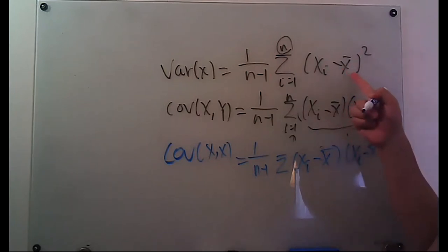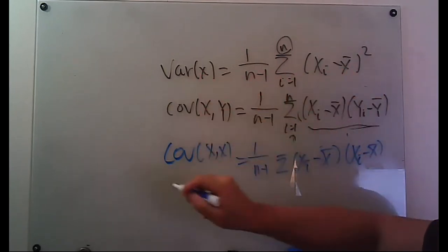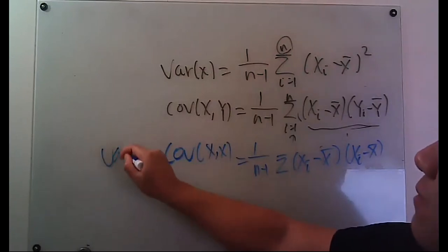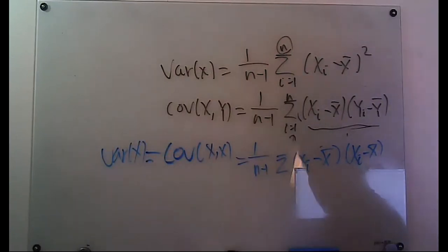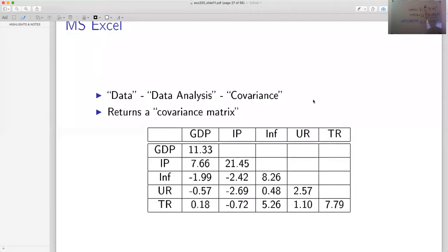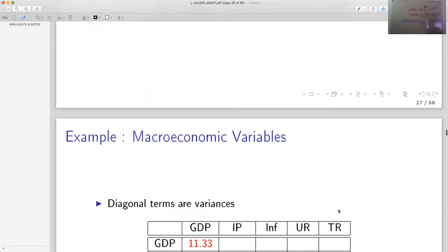Basically, that is equivalent to the variance of x. So in other words, since you are looking at covariance between GDP and GDP, these diagonal terms are your variances.